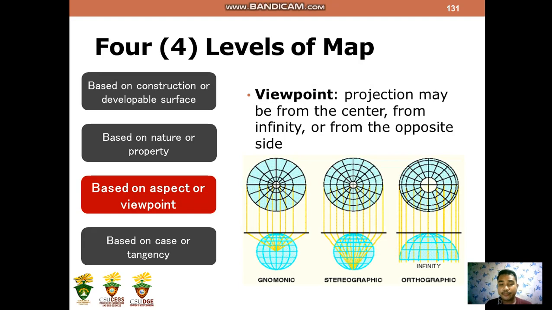Viewpoint: the projection may be from the center, from infinity, or from the opposite side.